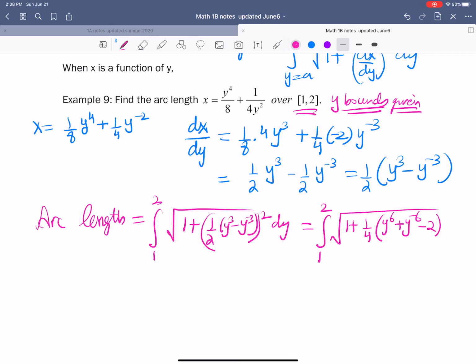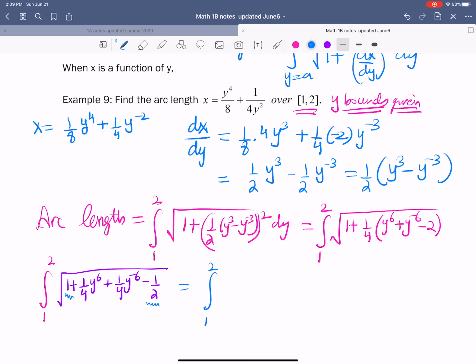Okay, let's distribute the 1/4 inside and see if there are any like terms that I can combine. Going from 1 to 2, we have 1 plus 1/4 y to the 6th plus 1/4 y to the negative 6, and then minus 1/2. There are like terms we can combine. 1 and negative 1/2 can be combined.